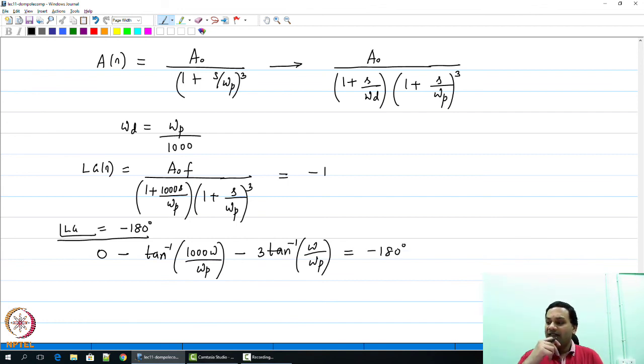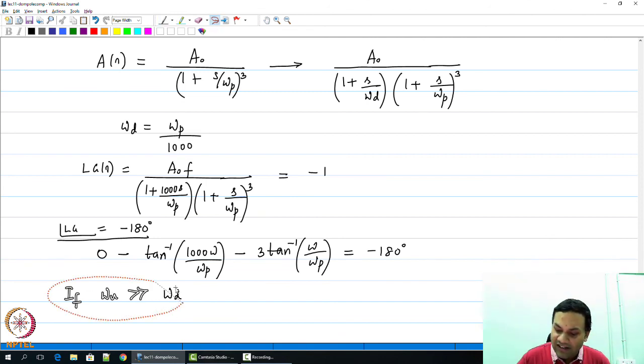Now we can make some common sense approximations. Obviously, if the unity gain frequency were much larger than omega p, or rather omega d, what is the scenario then?